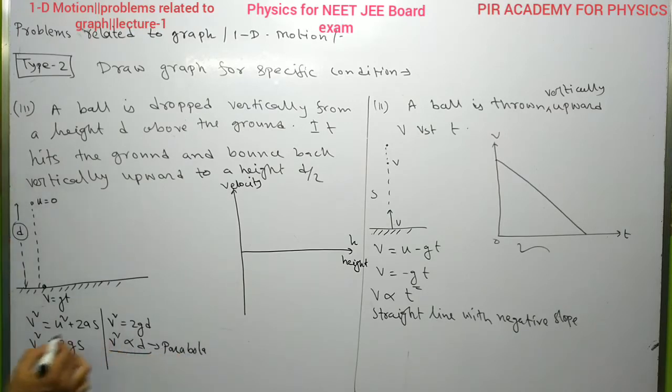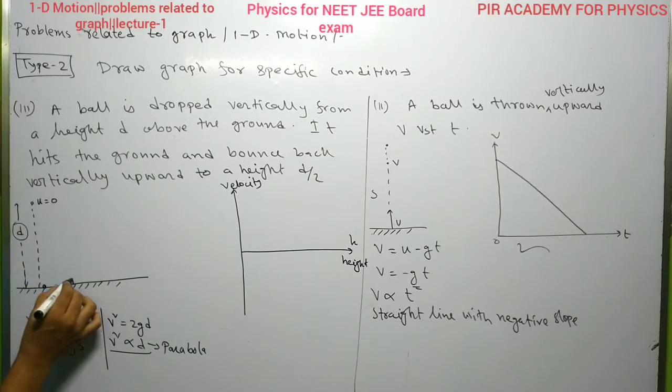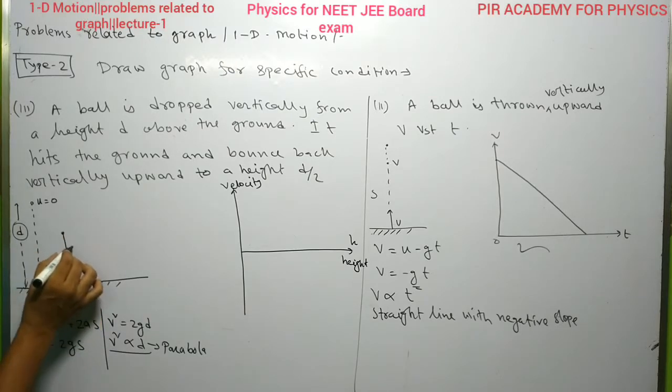This is the equation of a parabola. So when a particle is dropped vertically downward from a height d and reaches the ground, it bounces back and reaches a height d by 2.